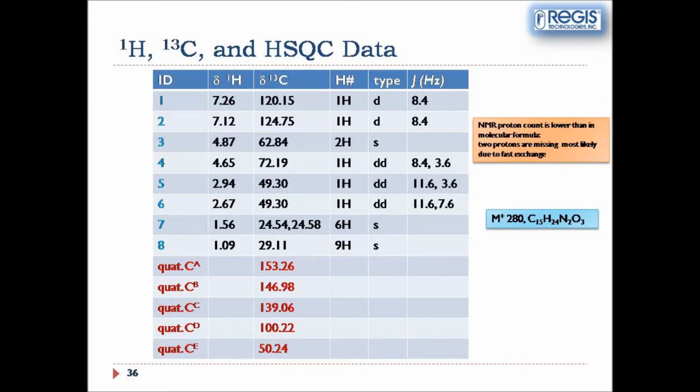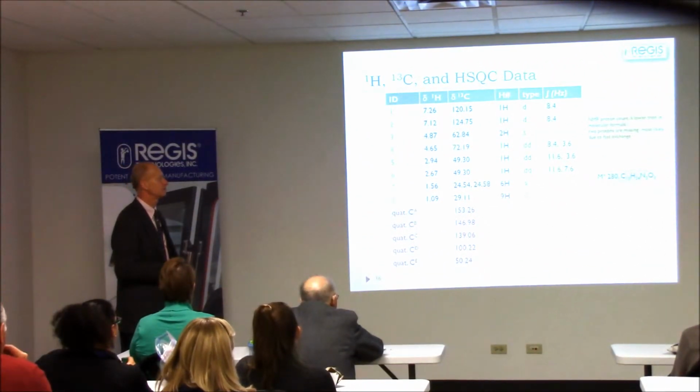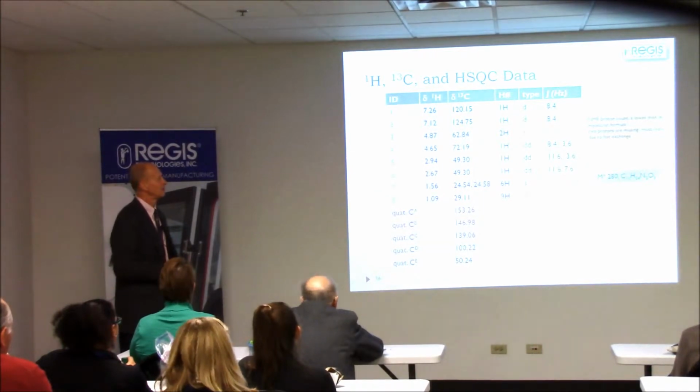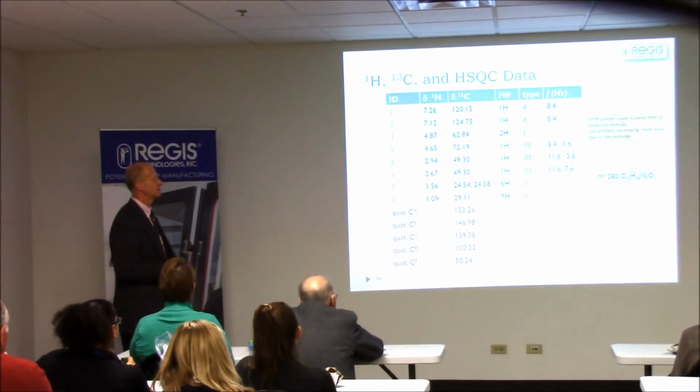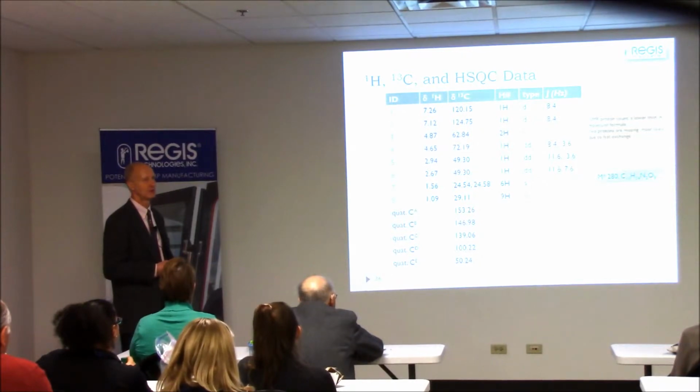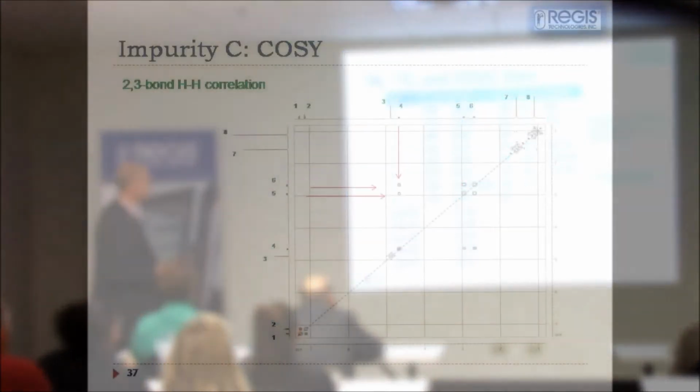And when we look closely at the possibilities in the molecular formula, because of the number of heteroatoms here, we can conclude that possibly those missing hydrogens are also exchangeable, but the natural exchange is so fast that they're not observable, and that's why they cannot be detected by deuterium exchange as well.